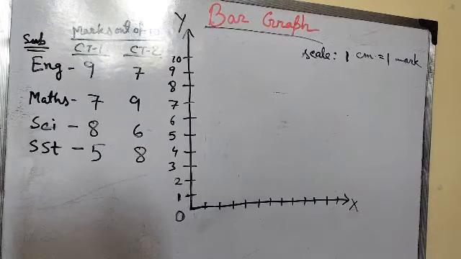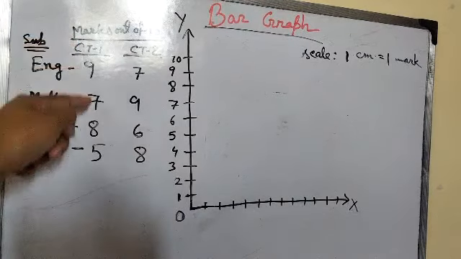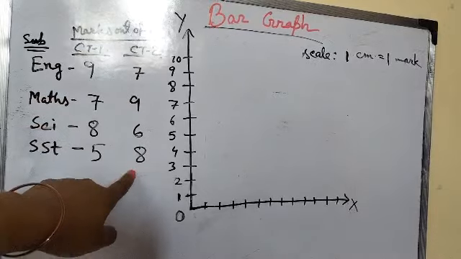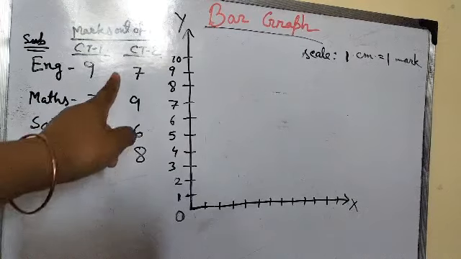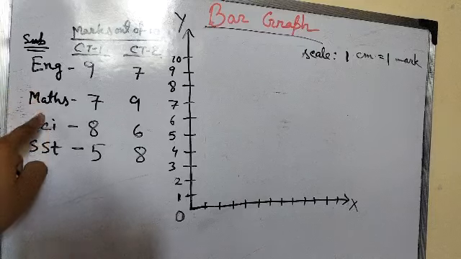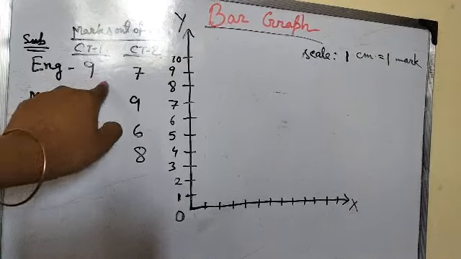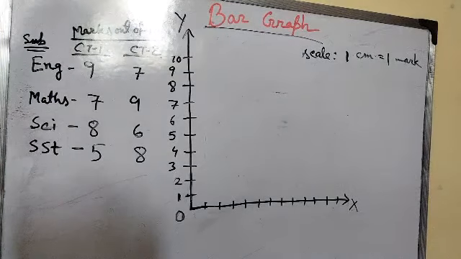So these will be the marks. Here for city 1 marks are there, city 2 marks are there. Then we have to draw, for the same subjects, English, Math, Science, SST. So for English, 9 and 7 are the marks.